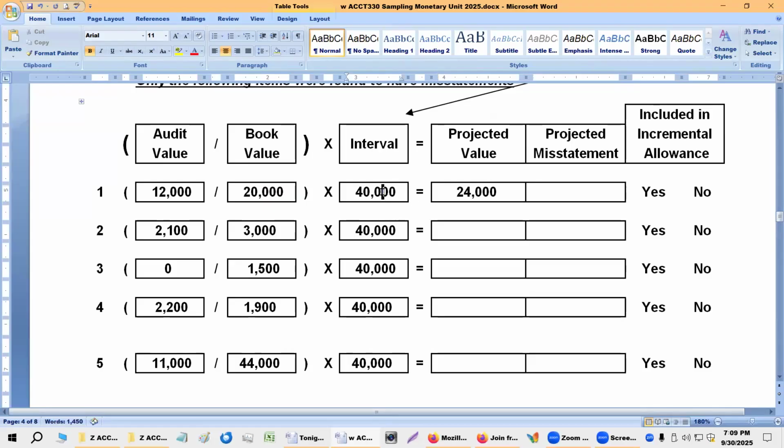Okay, so 24,000 was the projected, then the projected misstatement is 16,000.